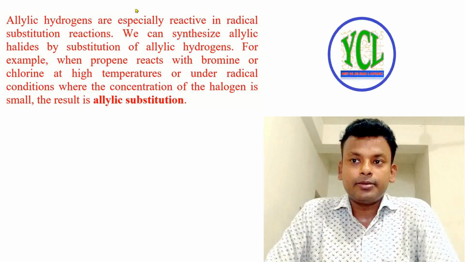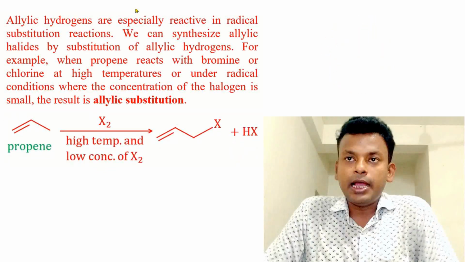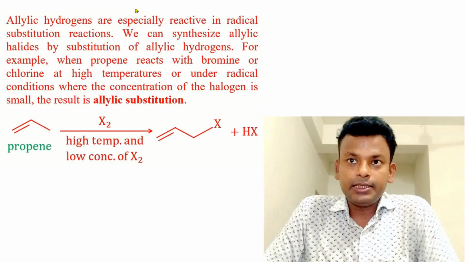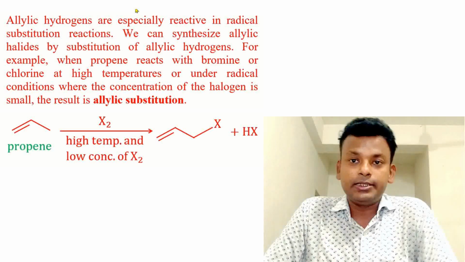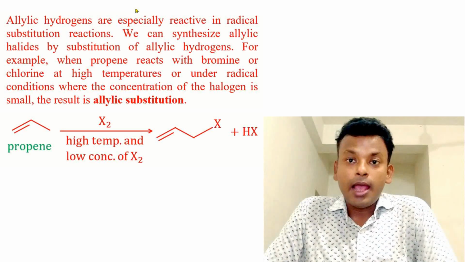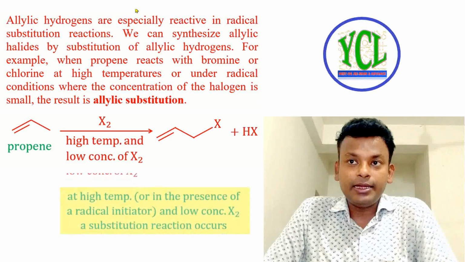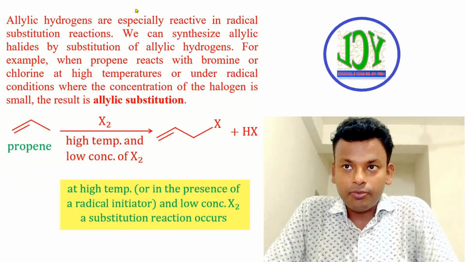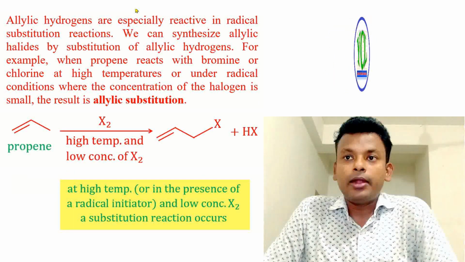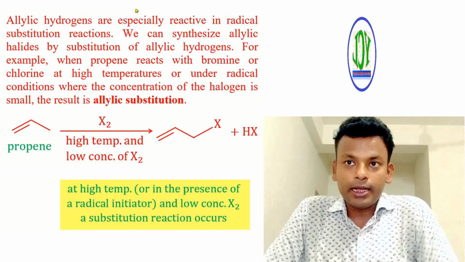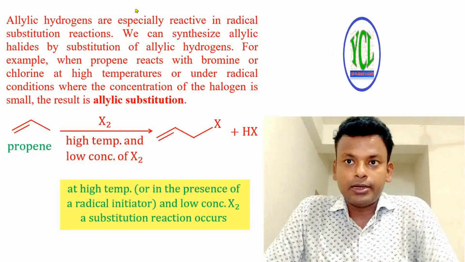Propene reacts with X2 at high temperature and low concentration of X2 to form allylic halide. At high temperature or in the presence of a radical initiator and low concentration of X2, a substitution reaction occurs.